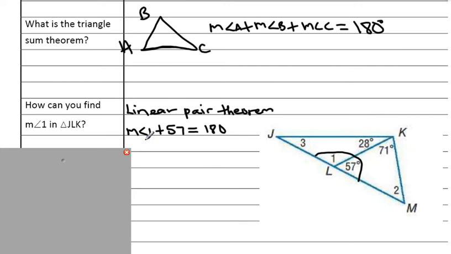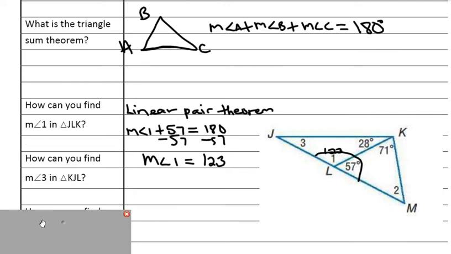So angle 1, we can call that x or y or whatever you want, plus 57 equals 180. So I would subtract 57 from 180. So I would get that the measure of angle 1 is equal to 123. I'm going to write that in because that's going to help us find the measure of angle 3 in triangle KJL or JLK. It's the same triangle. So to find the measure of angle 3 in triangle KJL, I use the triangle sum theorem.